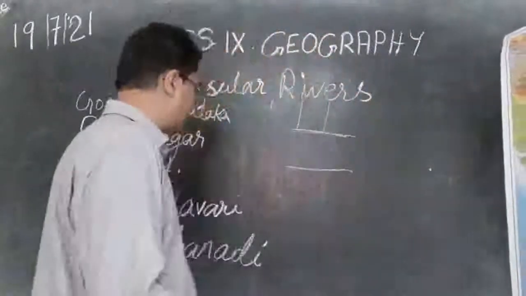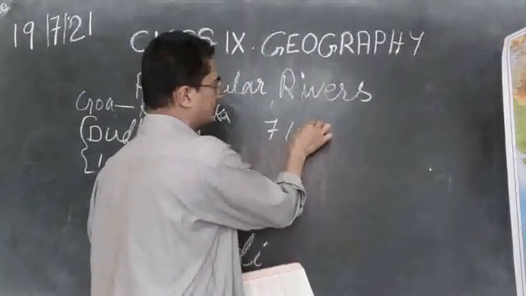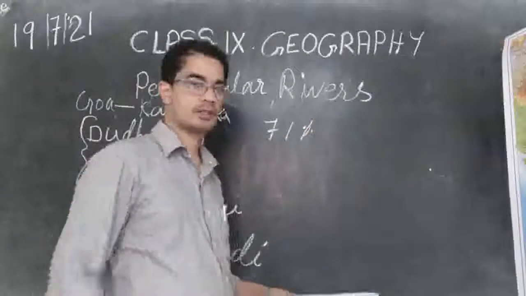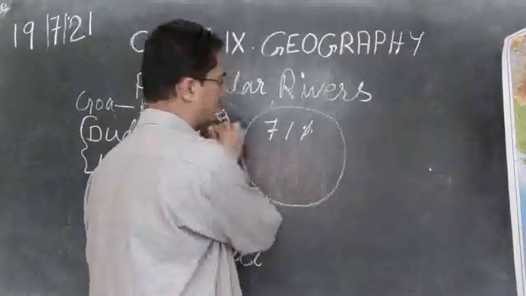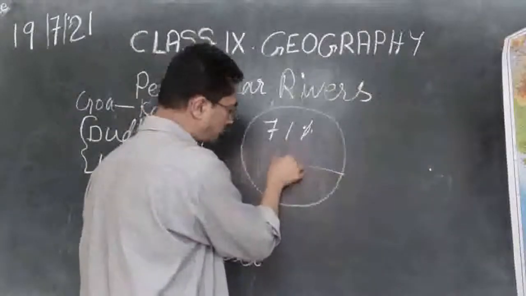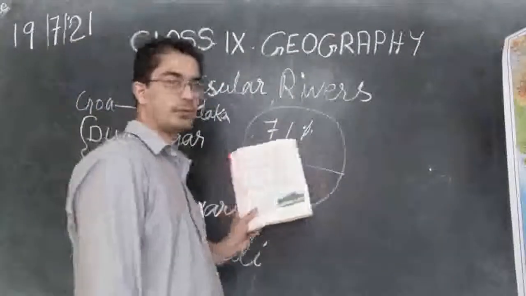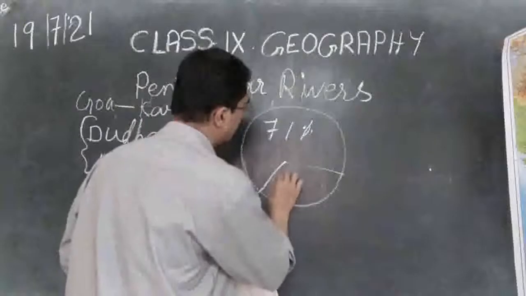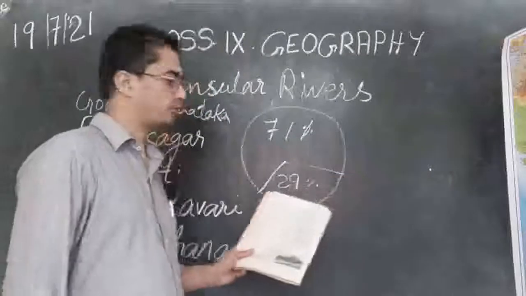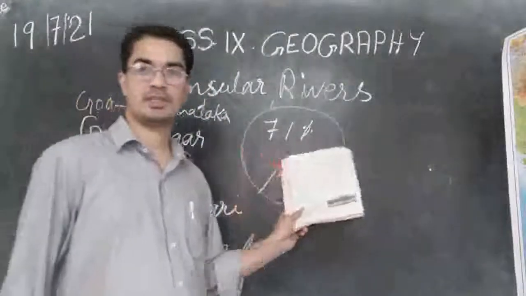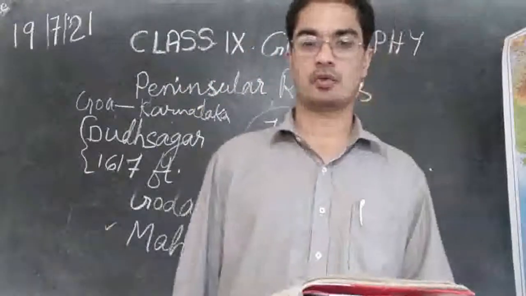Out of the total percentage, 71% of the earth is water, and only 29% is land. 29% is land, 71% is water. So you can imagine our planet Earth contains a lot of water.